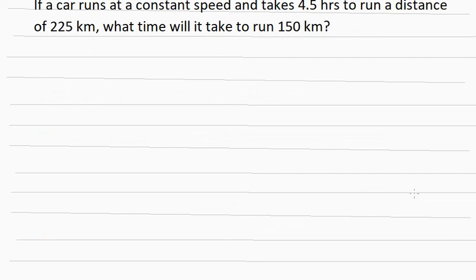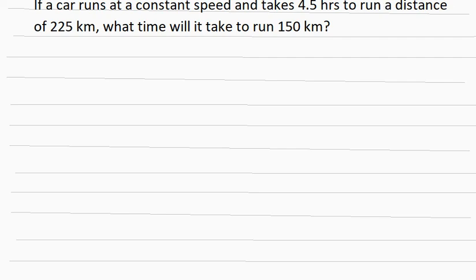Now, this one goes this way. If a car runs at a constant speed and takes 4.5 hours to run a distance of 225 kilometers, what time will it take to run 150 kilometers?